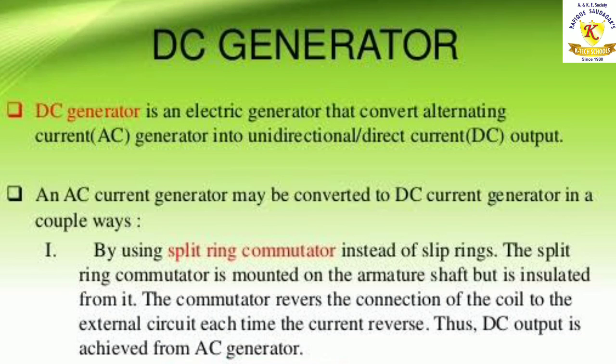By using a split ring commutator instead of slip rings. The split ring commutator is mounted on the armature shaft but is insulated from it. The commutator reverses the connection of the coil to the external circuit each time the current reverses. Thus, DC output is achieved from an AC generator.